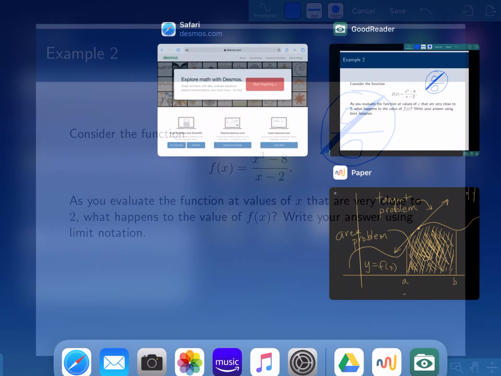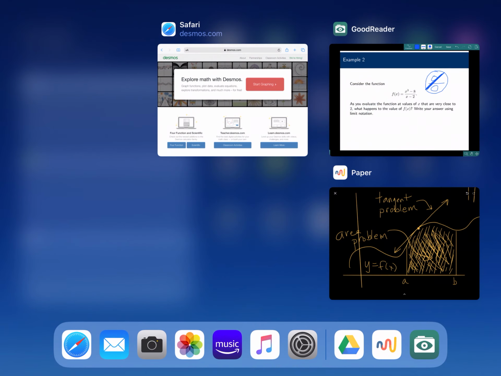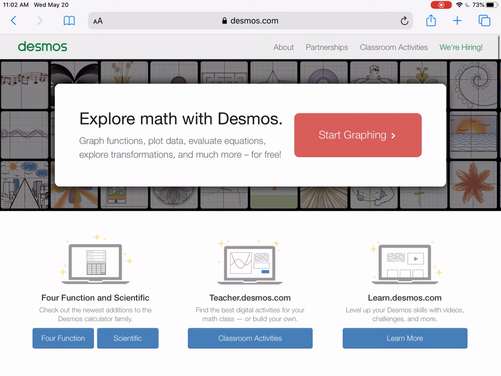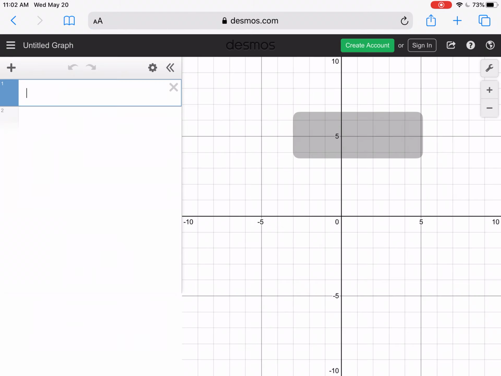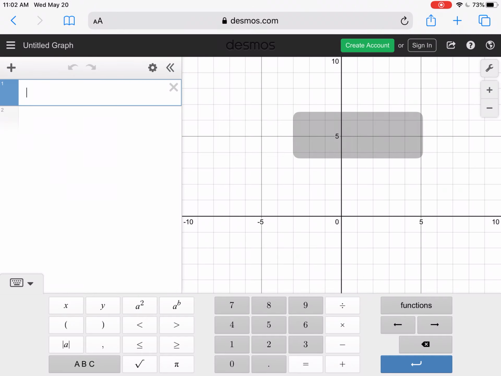So I'm going to use Desmos. You could go to desmos.com or you could use a graphing calculator. Desmos does this especially well. And I want to graph. When you go to desmos.com, you say start graphing. It's going to take you to this screen, and I'm going to define a function.